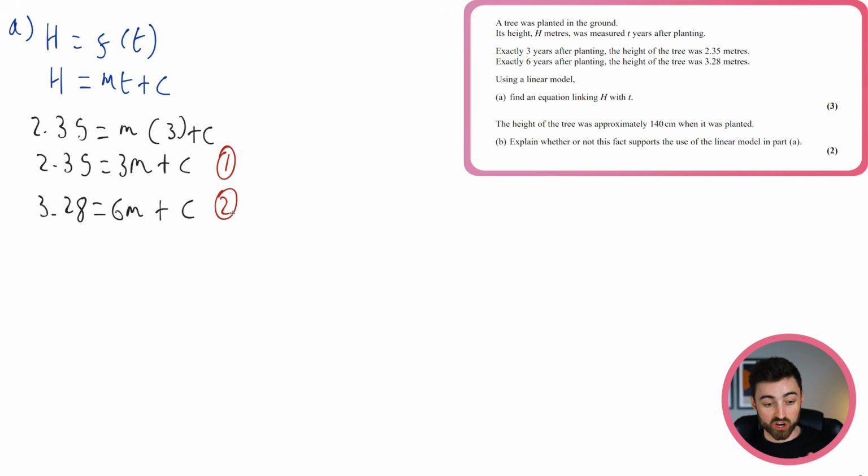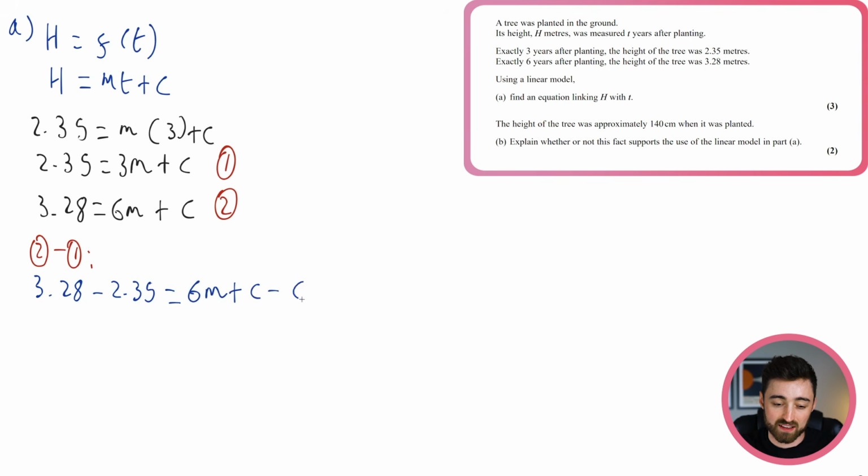Simultaneous equations, right? So if I was to take equation 1 from equation 2, the c's would cancel. So if I was to do 2 minus 1, what would I get? I would get, on the left-hand side, 3.28 minus 2.35. And on the right-hand side, I would get 6m plus c minus 3m plus c. 6m minus 3m is 3m.